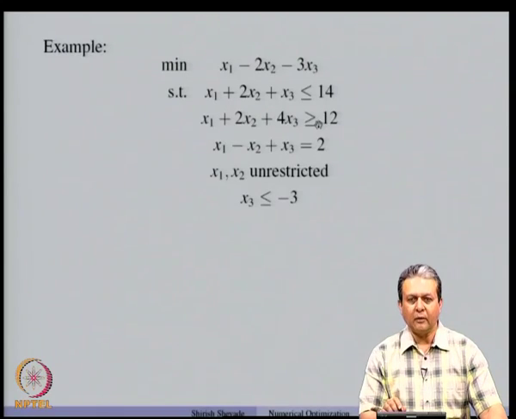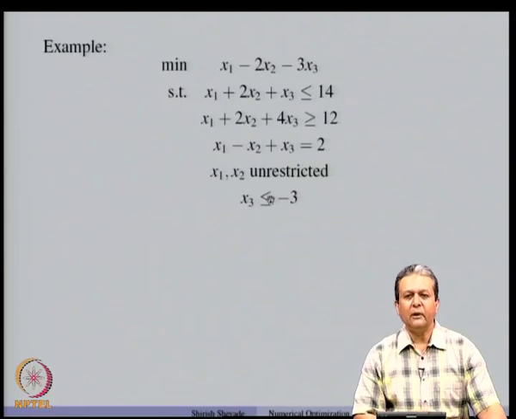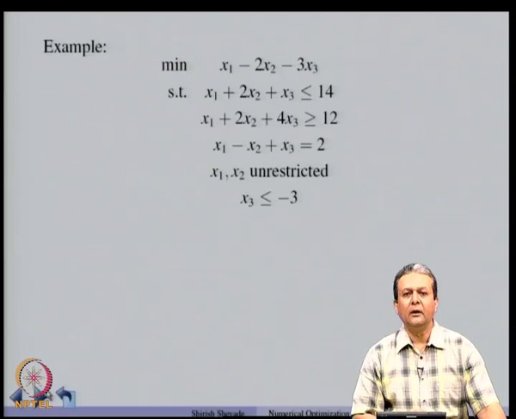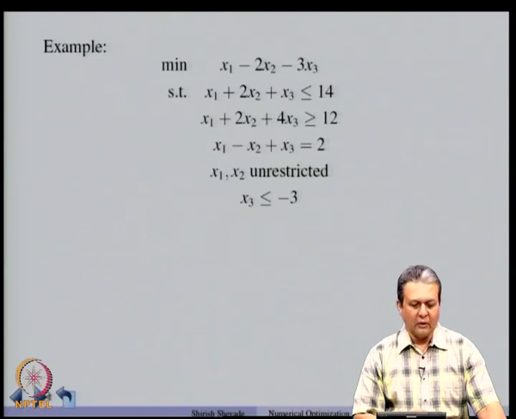So, that is not a problem. The third constraint is equality type, so we do not have to worry about that. But now, the question is that we have some variables which are unrestricted, and then there is a constraint on x3 to be less than or equal to minus 3. So, how do we convert all these variables x1, x2 and x3 to variables which are non-negative? Let us see that.